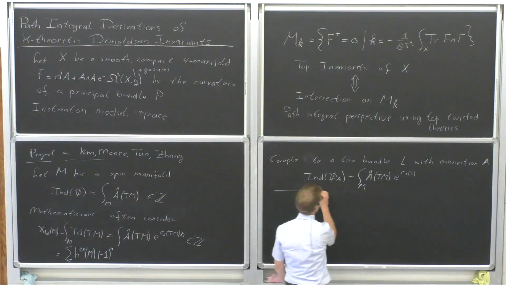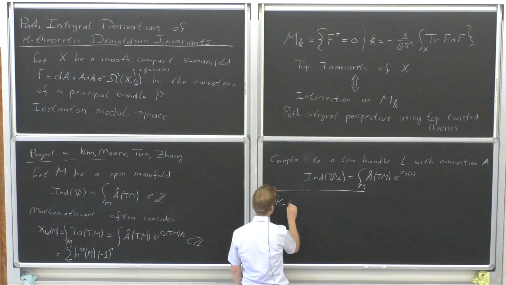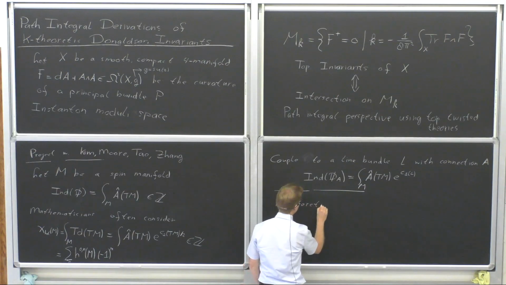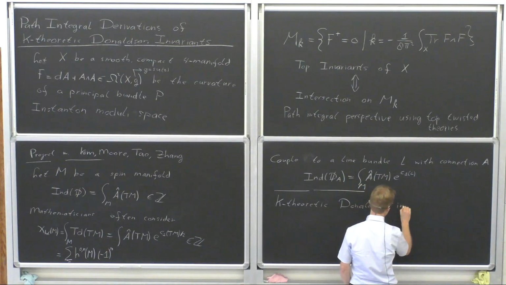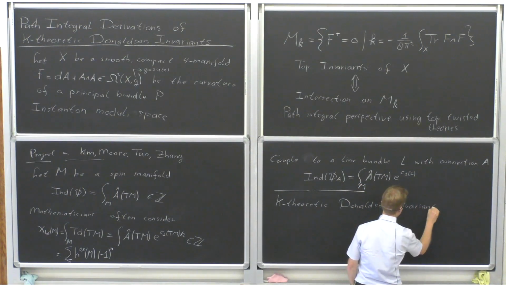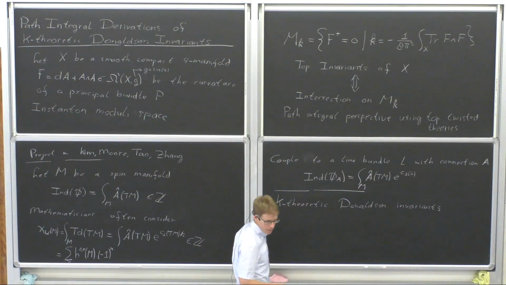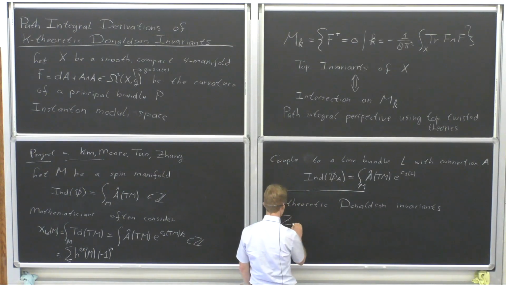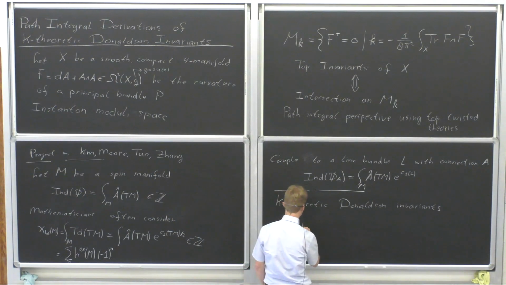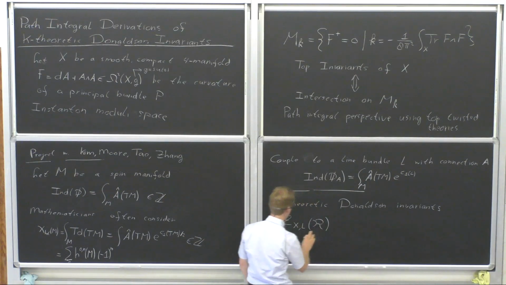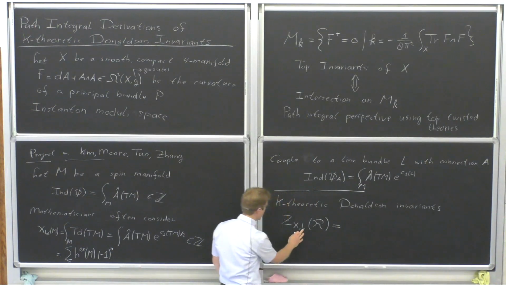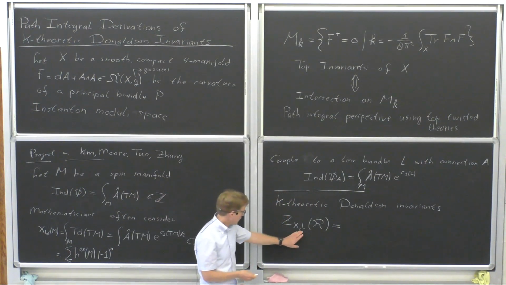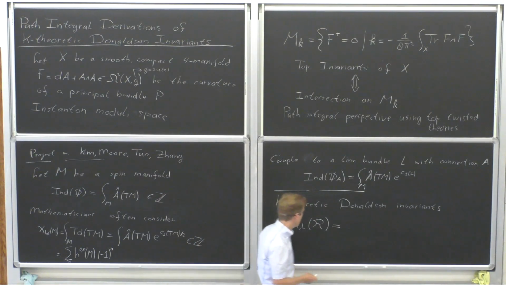Okay, so with this review, we can introduce the K-Theoretic Donaldson invariants. Which are nicely combined into a generating function which depends on this curly R, and this line bundle L indicates line bundles over the instanton moduli space.